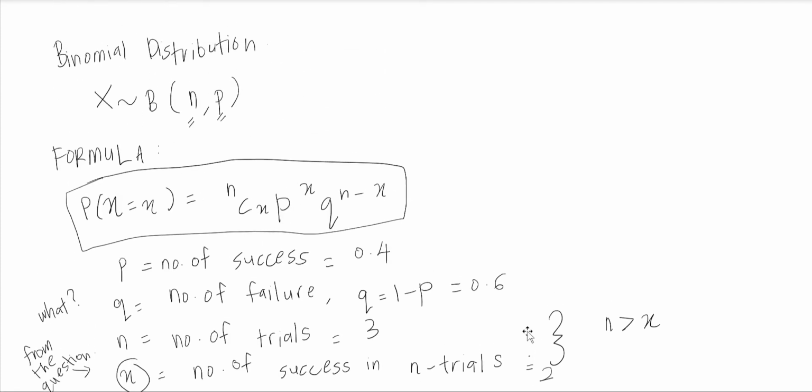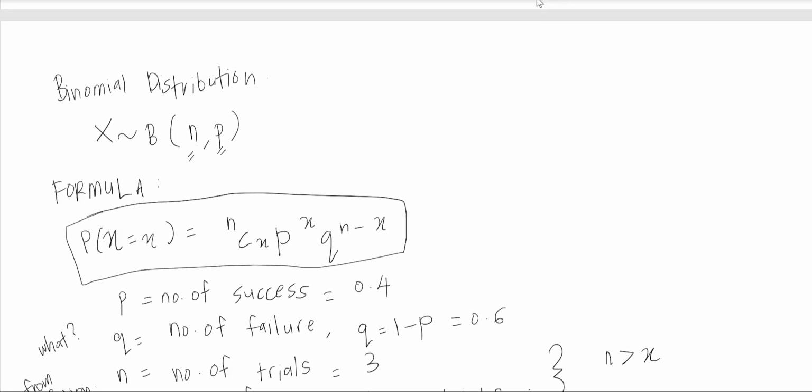Now, from this example, we can say that X ~ Binomial, where n is equal to 3, and p, the probability of success, in our situation the customer who makes a purchase, is equal to 0.4.